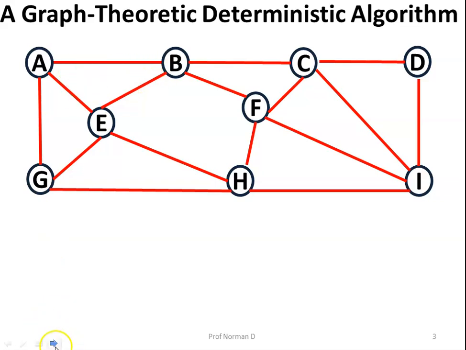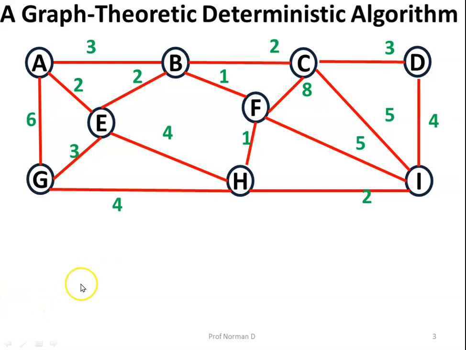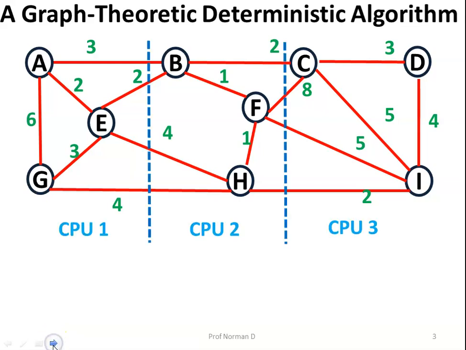So we use a numerical value on each edge, which indicates the unit of network traffic that takes place between two processes. Now the blue dotted line indicates the communication across different CPUs in a distributed system. So we'll see how load balancing is done using this algorithm.